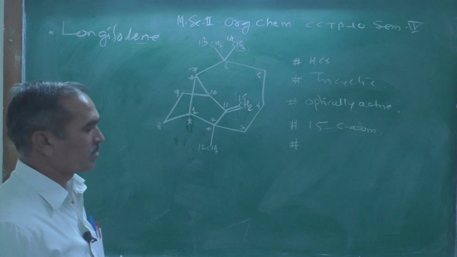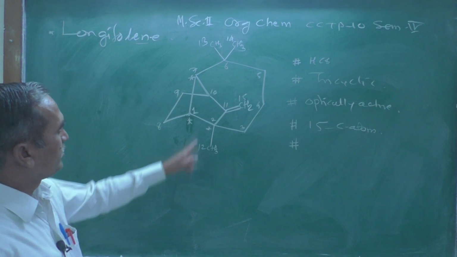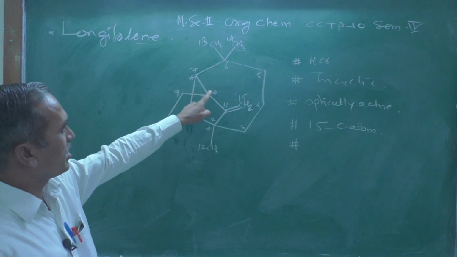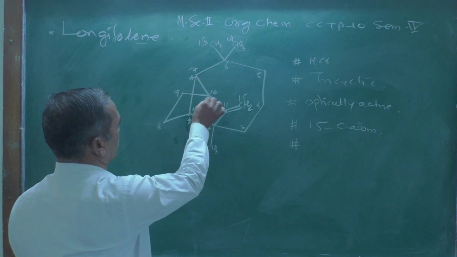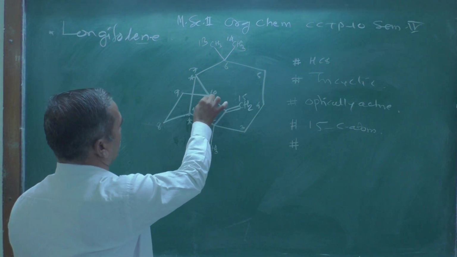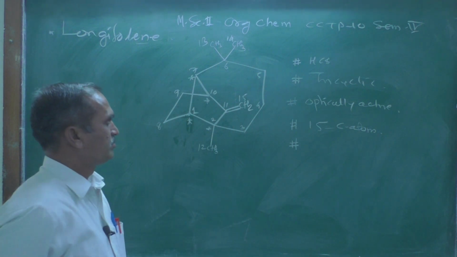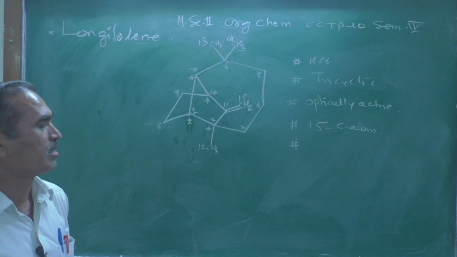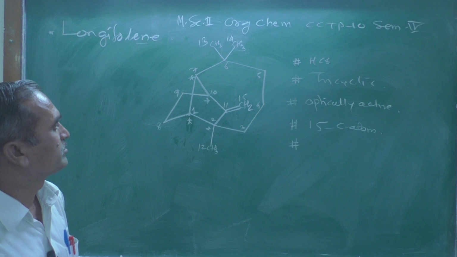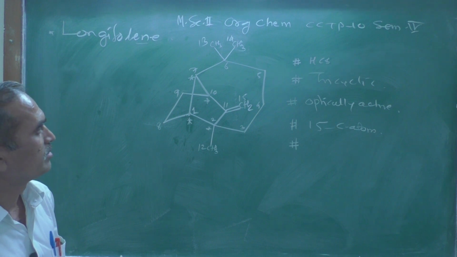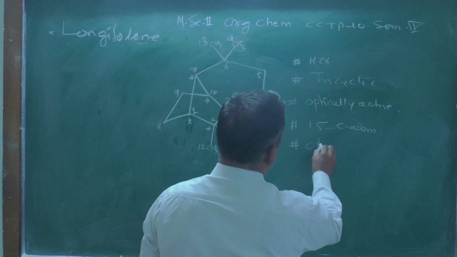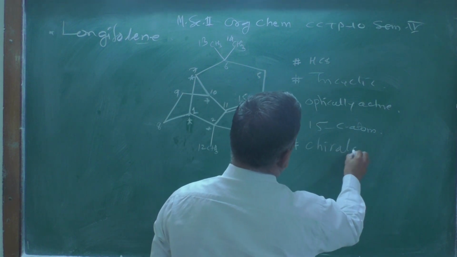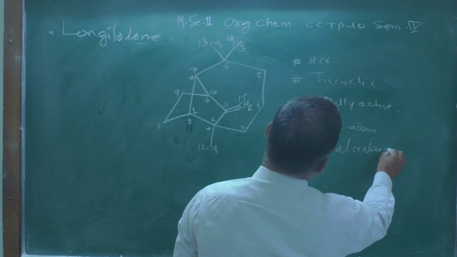Look at carbon number 10. Here is a hydrogen atom and 3 different groups, which means all 4 groups are different, therefore carbon number 10 is also chiral, denoted by this star symbol. So the total chiral centers present are 4.